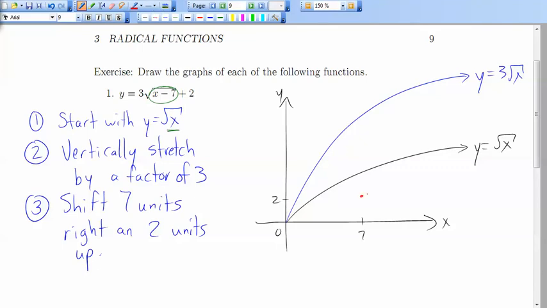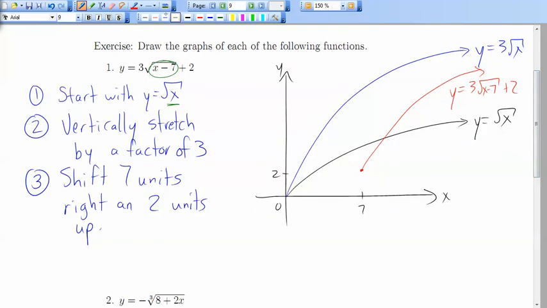So notice that here at the origin for the blue and black graph, that point is included in both the graphs, but then the graph just abruptly ends right there. So when we do our shift, our new abrupt ending point is going to be at the point 7, 2. And there's our graph there. So that's y equals 3 root x minus 7 plus 2.